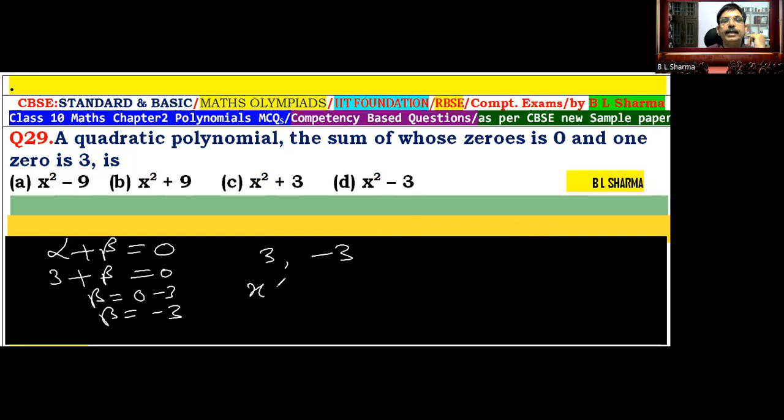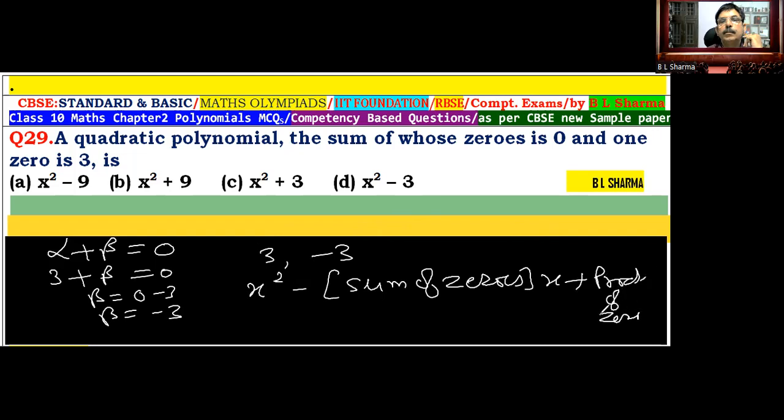देखिए पहला तो है x square minus sum of zeros into x plus product of zeros. x square as it is. If you wish to write k, then you can write k is some constant. Or if you don't write, no problem, because you can take k is equal to 1. So x square, and sum of zeros is already given, 0 into x.